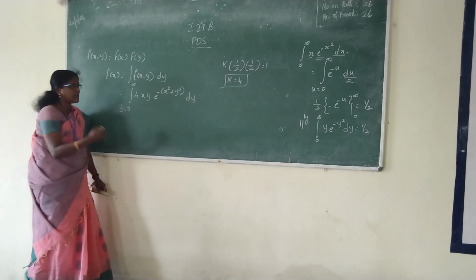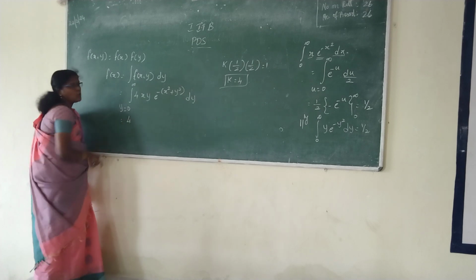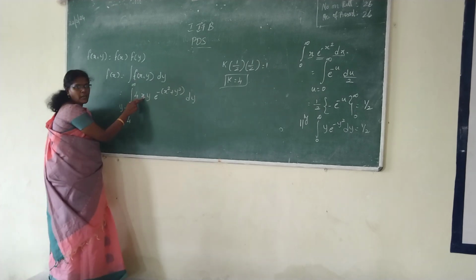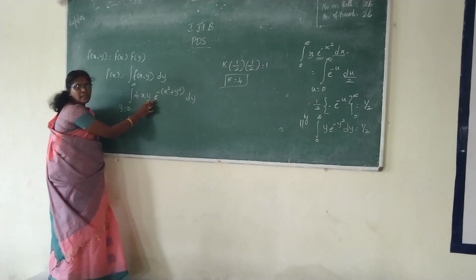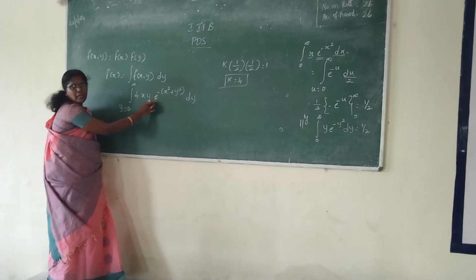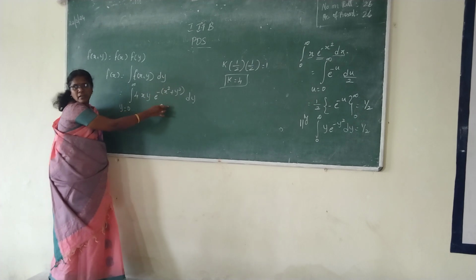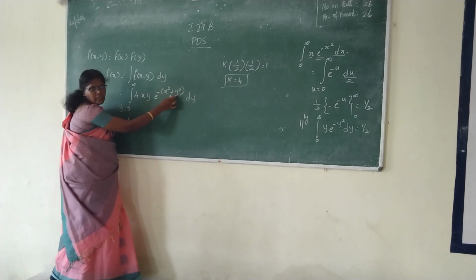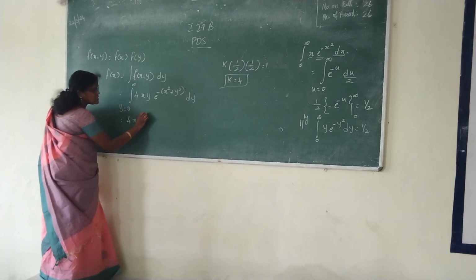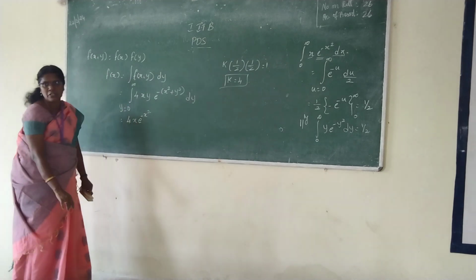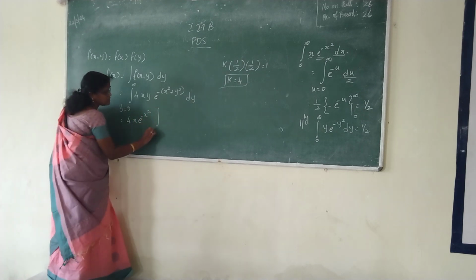Okay, we are going to do direct integration. 4 is a constant, x is in the product, so they remain as they are. Then how will you split it? e power minus x square into e power minus y square. Since we are integrating with respect to y, this term also will remain the same, there is not going to be any change. What are the remaining terms?